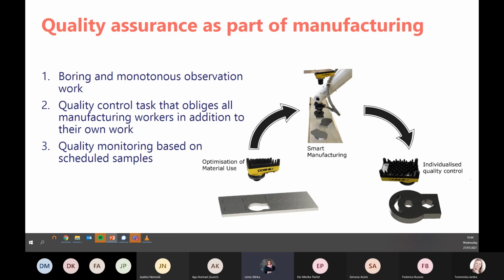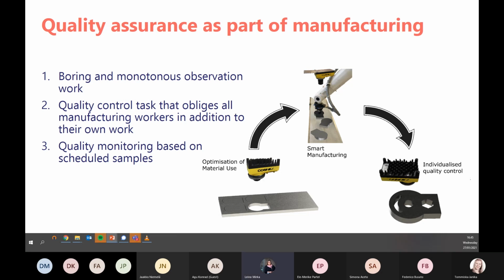There is a general quality control obligation, or manufacturing is sampled at least once an hour, and the process adjustments and other quality improvement measures are made on the basis of it.